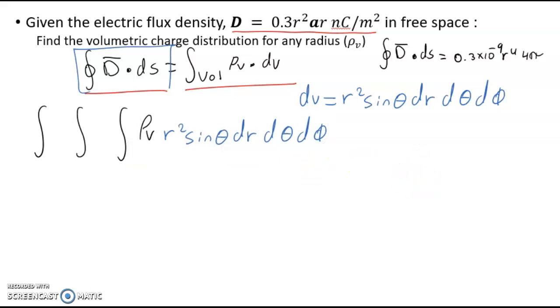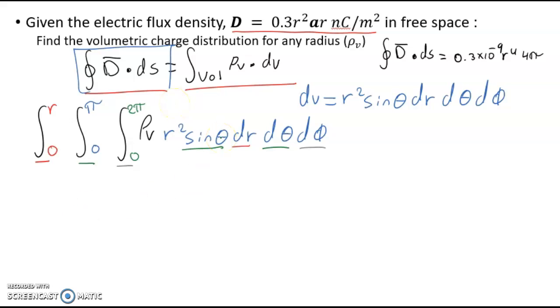The triple integral is going to go first for dr, second for d theta, and third for d phi. For dr, we're going to go from a radius of 0 to r. For theta, we're going to go from 0 to pi. And for phi, we're going to go from 0 to 2 pi.